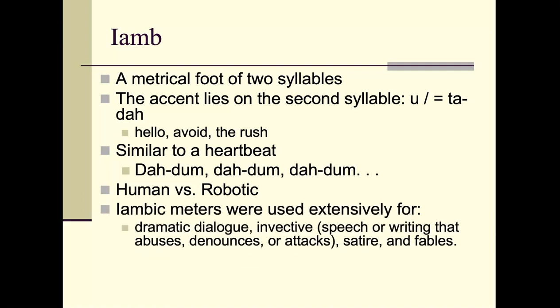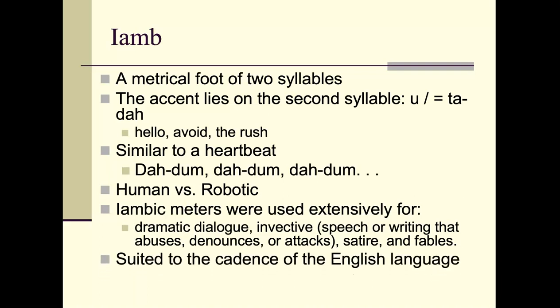So often iambic meters, particularly in the past and even today, were used extensively for dramatic dialogue, invective speech or writing that abuses, denounces, or attacks, satire, and fables. It's really well suited to the cadence of the English language.